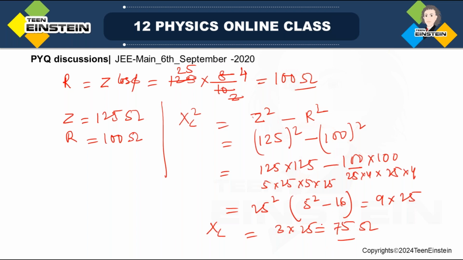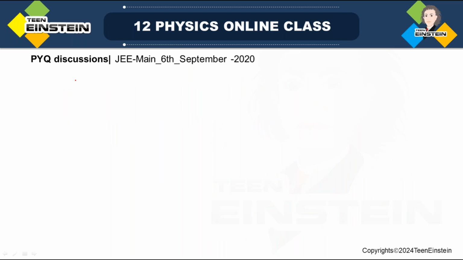Okay, now see, in the second case, let me write down what I have just found out. R is 100 ohm, Z is 125 ohm, and XL we have found out to be 75 ohm.